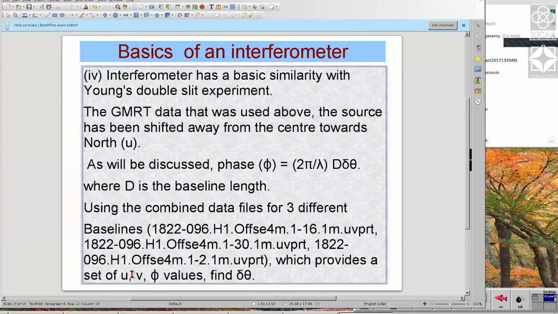If the source is not at the phase center but is offset by an angular offset delta theta, it can be shown that the equivalent interferometric phase will change as 2 pi by lambda times d, the baseline length, times delta theta. Here it will be du, because it is along the north direction, so only u we have to look at, which will matter really. So these are the experiments which I have given to you.